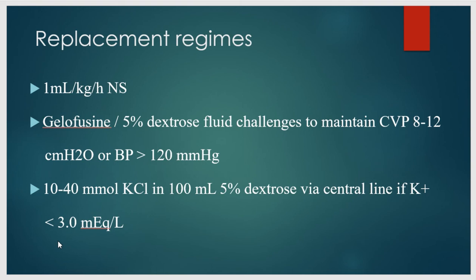In this second regime, especially meant for ICUs, 10 to 40 millimole KCl in 100 ml 5% dextrose via central line if the patient is suffering from hypokalemia, or let's say if potassium value is less than 3 milliequivalents per liter. This second regime is for patients admitted in ICU care.